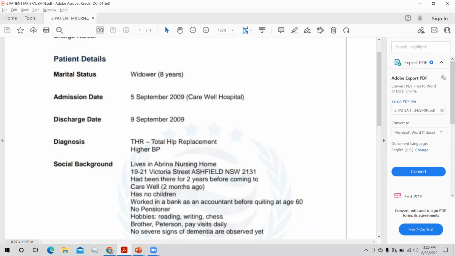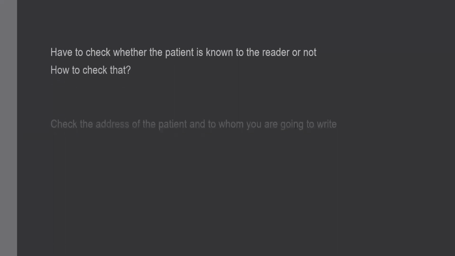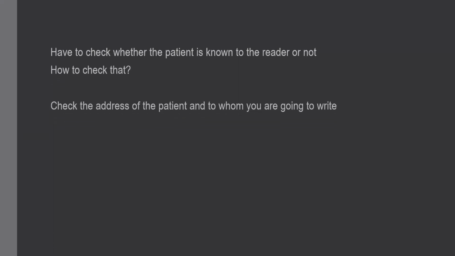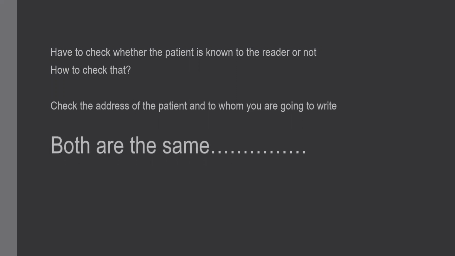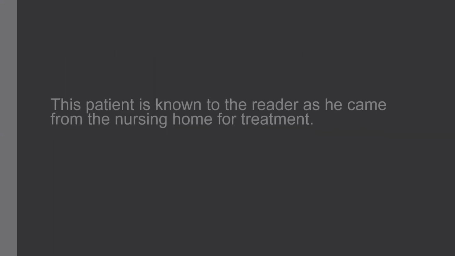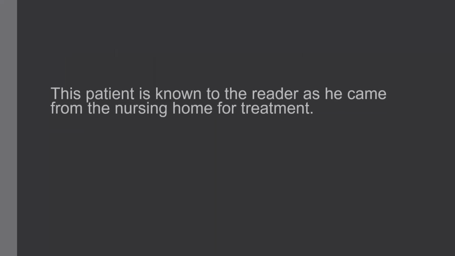So this patient is known to that particular person to whom we are writing. Here, you understood one thing: this is the way to check. The checking method is the address, and both addresses are the same. So this patient is known to that particular person. If the patient is known to the person you are writing to, there is no need to write the entire history.